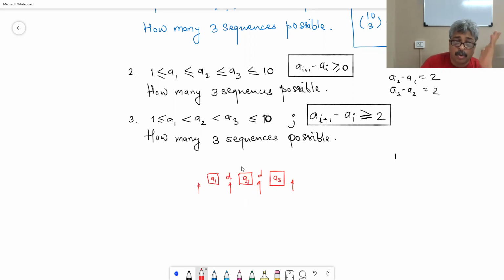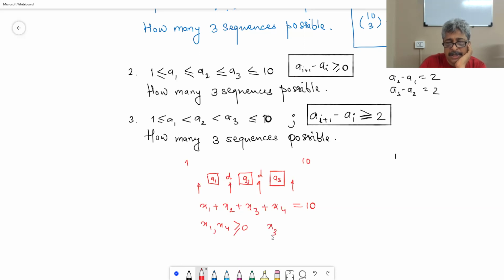And A2 can be furthermore. So do you understand this D which I am inserting? And then in total, we have 1 to 10 numbers. So our equation is going to be x1 plus x2 plus x3 plus x4 is equal to 10. x1 and x4 are greater than or equal to 0, no problem.